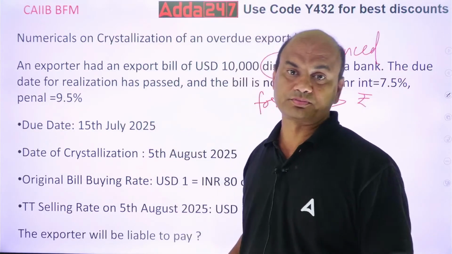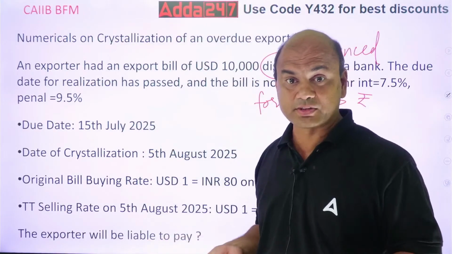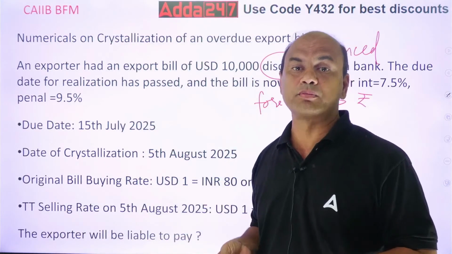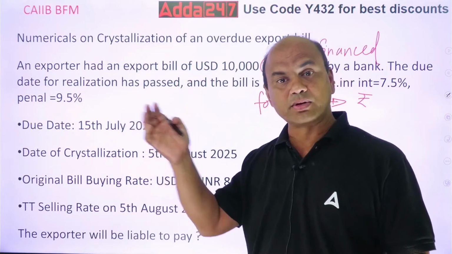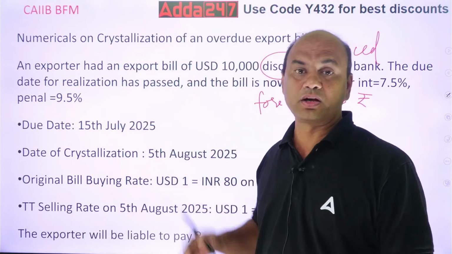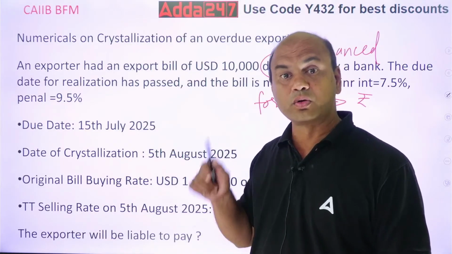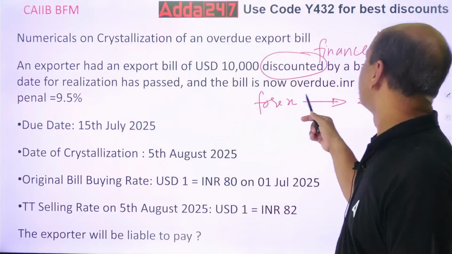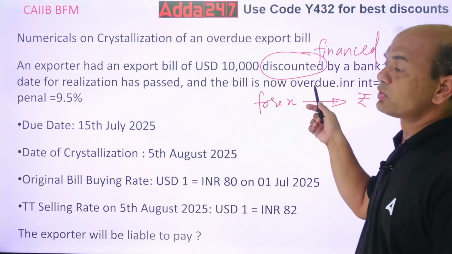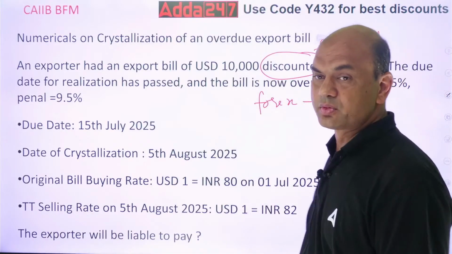The bank has given you the finance, and now it has to get the money from the buyer in dollars on the due date, but it has not got it, and the bill is now overdue.